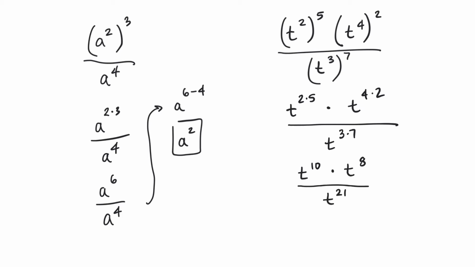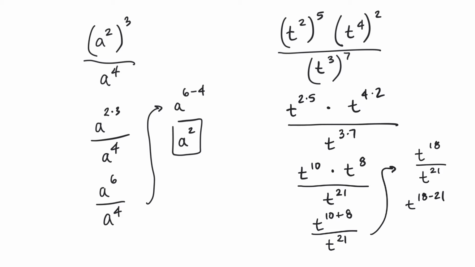Now on the top I have a product of powers, so that's going to be t to the 10 plus 8, because you add the exponents there, over t to the 21st. So I've got t to the 18th over t to the 21st. And now it's a quotient of powers, so I will subtract my exponents, and I get t to the negative 3rd.